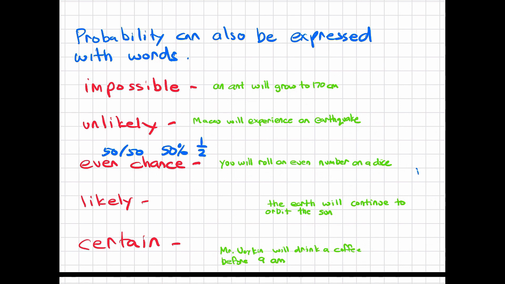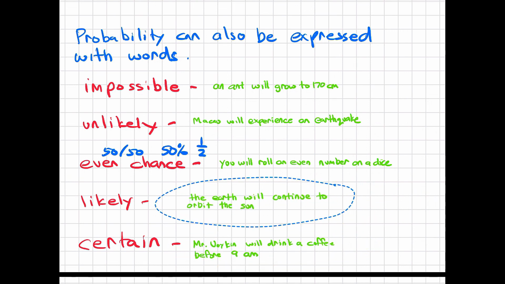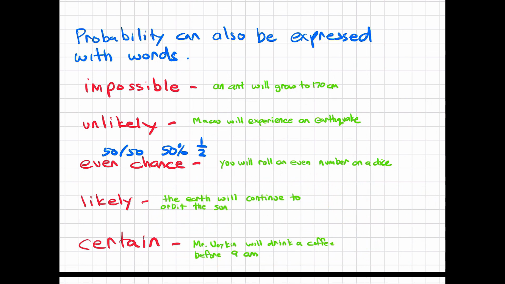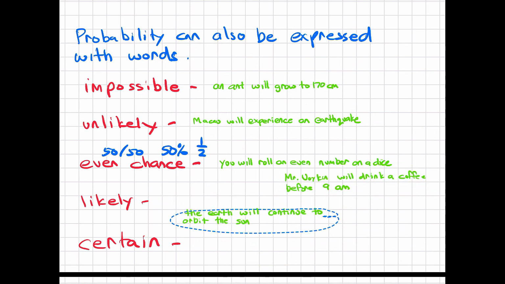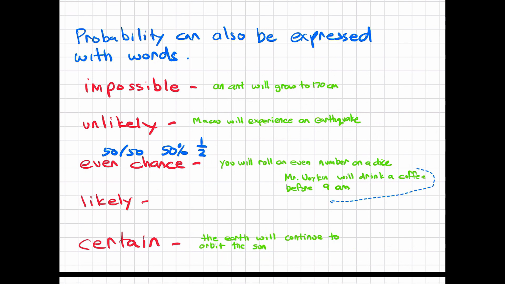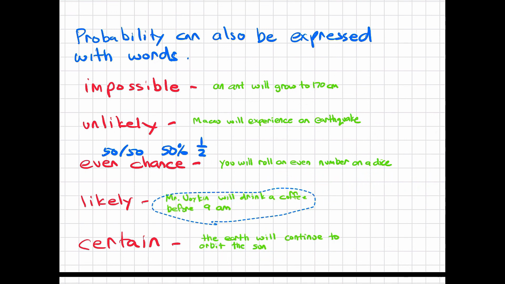One of them is certain, and one of them is likely to happen. Certain is that Mr. Voikin will drink a coffee, and most likely the Earth will continue to orbit the sun. Actually, probably the other way around, but very close. Okay.